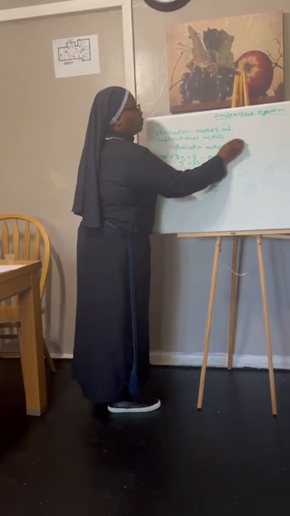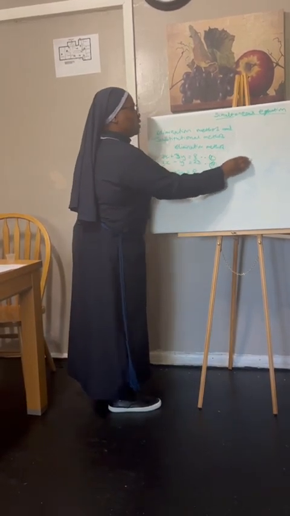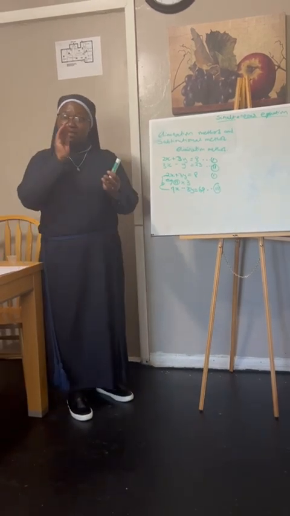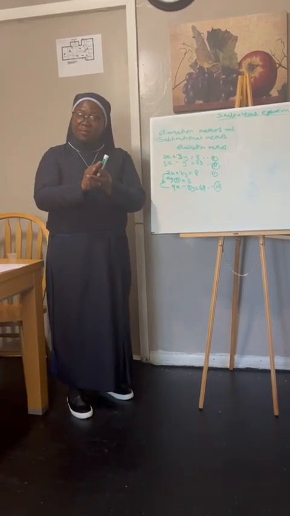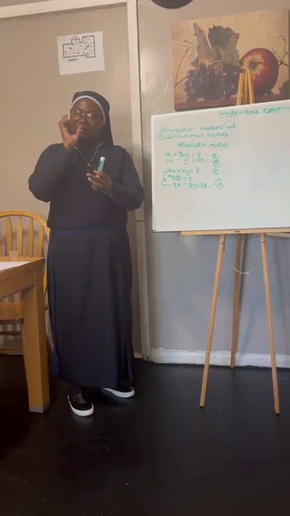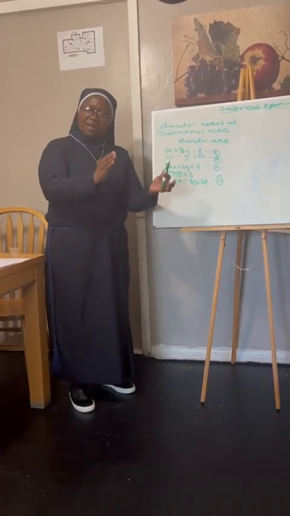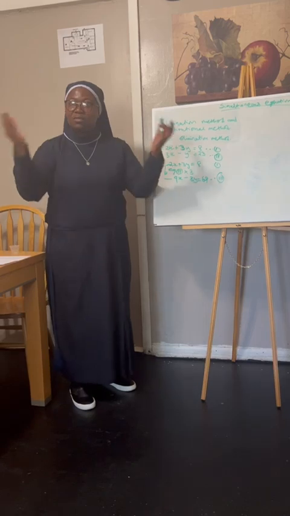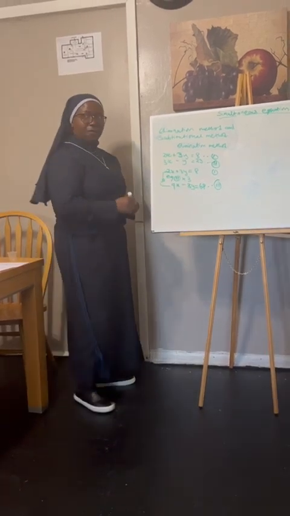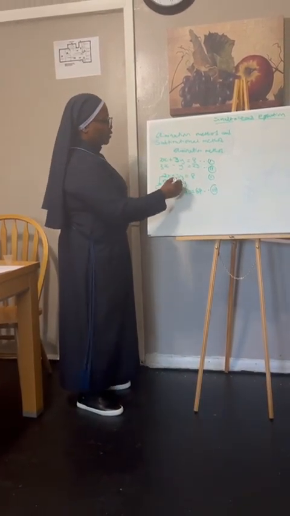So now, when the coefficients are the same, as in my first example, 3 mangoes minus 3 mangoes will give you what? 0. So therefore this will give you what? 0.